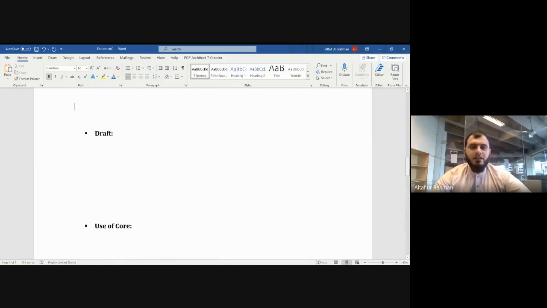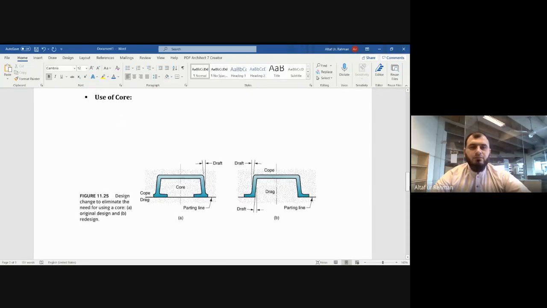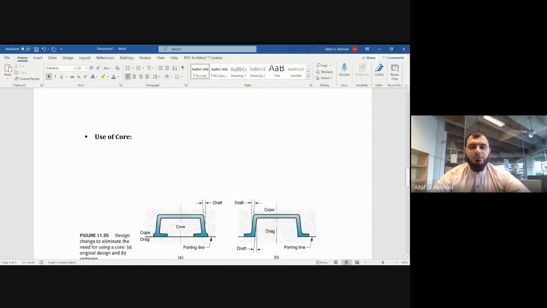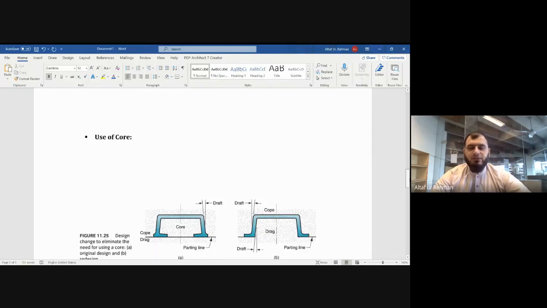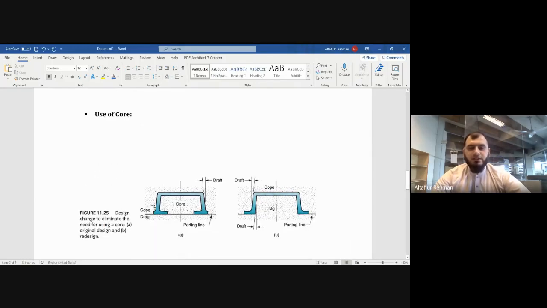Now coming towards the draft, very important and special. Let me define these two properties together, draft and core. So for example, if the mold, here you can see the mold or the cavity, if it is projected into the mold, so we usually apply some extra angle or draft into the mold cavity.